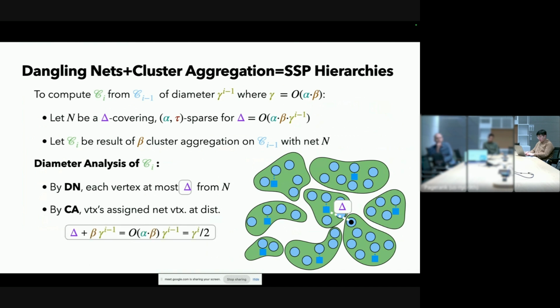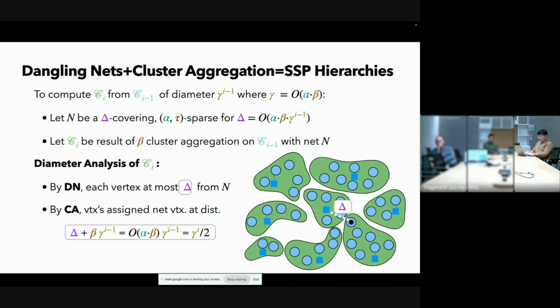So in particular, the distance that this vertex has to go to get to its aggregated cluster is delta plus beta times gamma to the I-1, where again, this is the diameter of the blue partition, this is the distortion from cluster aggregation, and this whole thing is because these distortion guarantees are additive. And now just because of how I've chosen these parameters, this whole thing is up to constants just gamma to the I/2.